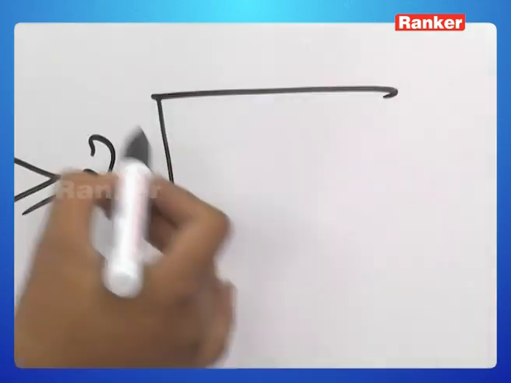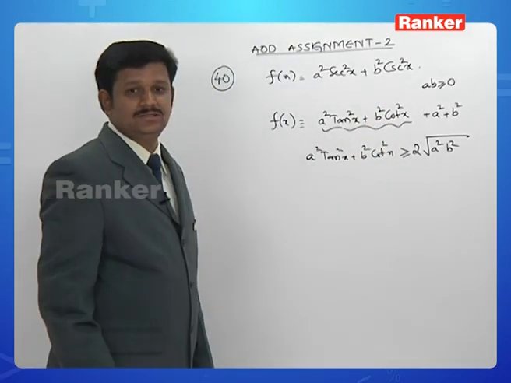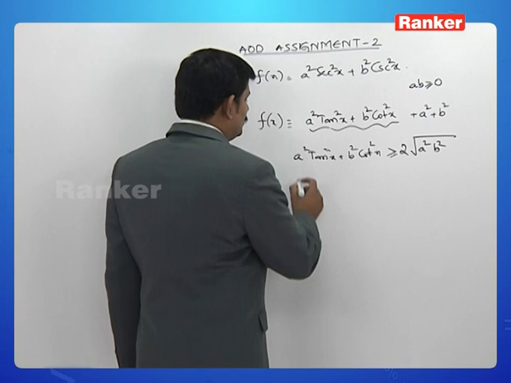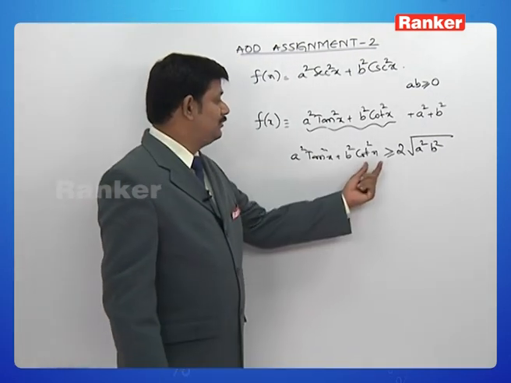So, the product of these two numbers is a square b square tan square x into cot square x, which is 1.